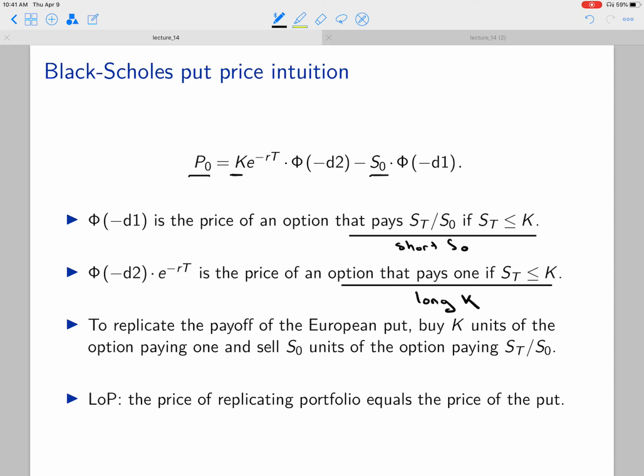It turns out that the price of the option that pays 1 is going to be phi of negative d2 e to the negative rT. So you own K units of this option, and the cost of this option is going to be phi of negative d2 e to the negative rT. You sell S0 units of the option that pays the gross rate of return. Turns out the price is phi of negative d1.